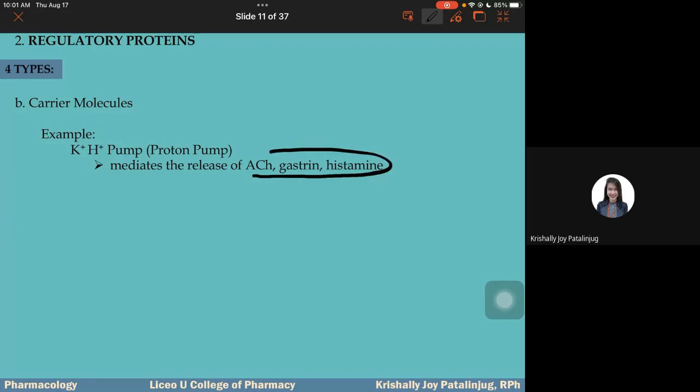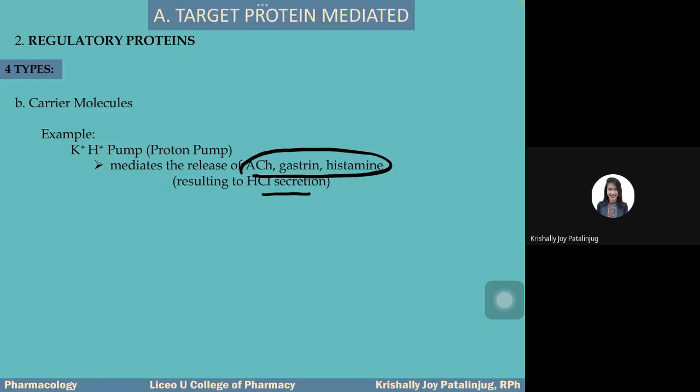Recalling, these three endogenous substances influence HCl secretion, and of course, there are patients with a higher level of acids in their stomach. That's why we have to manage or control HCl secretion by inhibiting the proton pump.